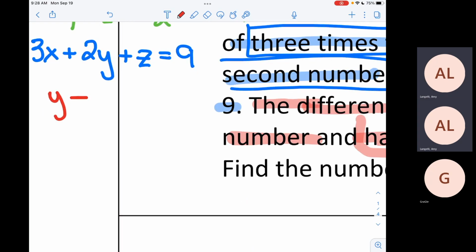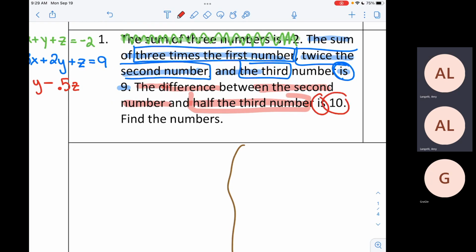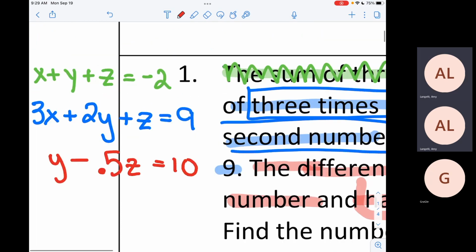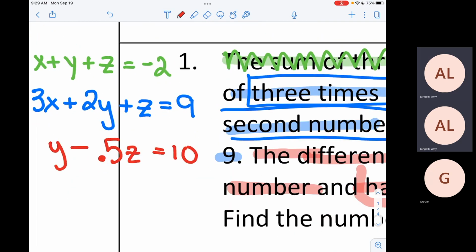You can either do 1/2 z like that, or somebody said divided by 2. You could do z divided by 2, or you could also do 0.5z. Which way do you guys like the most? 0.5z? And then it says is 10. How do I do is 10? Okay. So now, does everybody see these 3 beautiful equations?